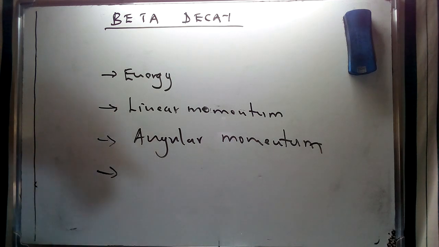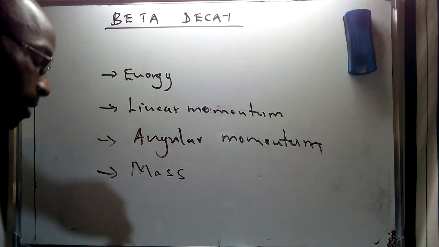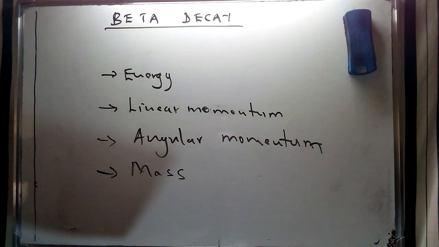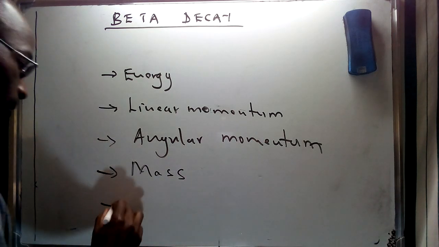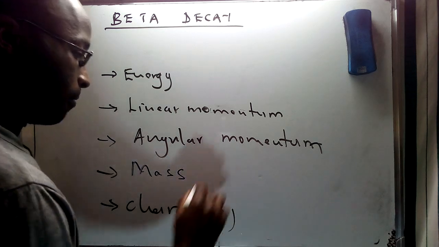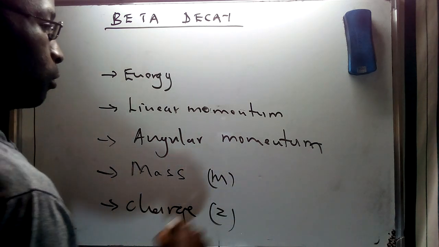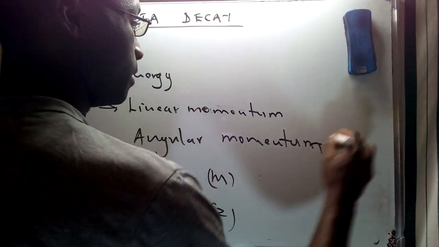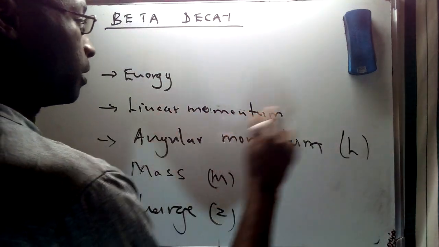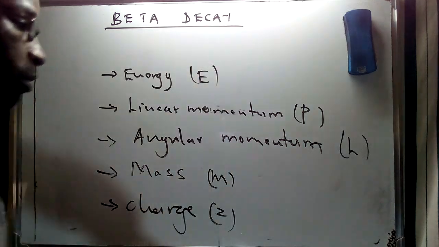And also we talked about the aspect of mass: the total mass of that specific system has got to be conserved. And we mentioned the concept of charge, which is going to affect these conservation laws, whereby we can represent these various aspects using initials or symbols that we're going to see later in our discussion.